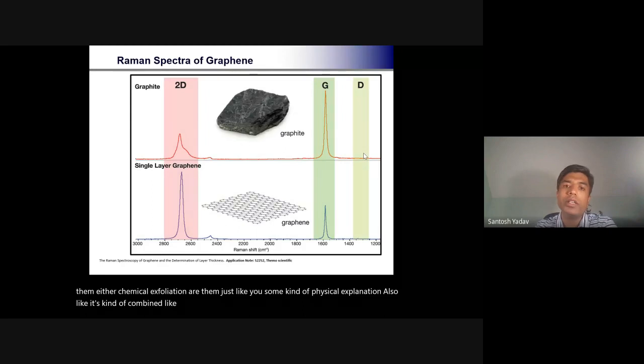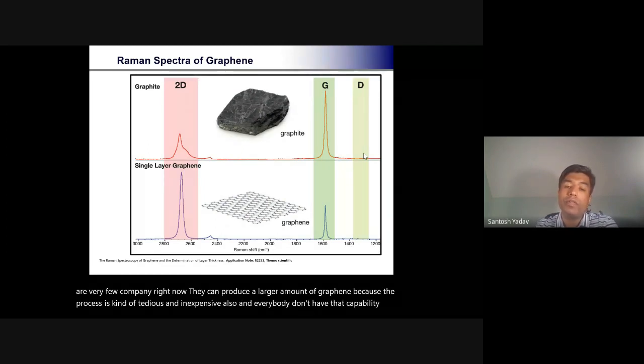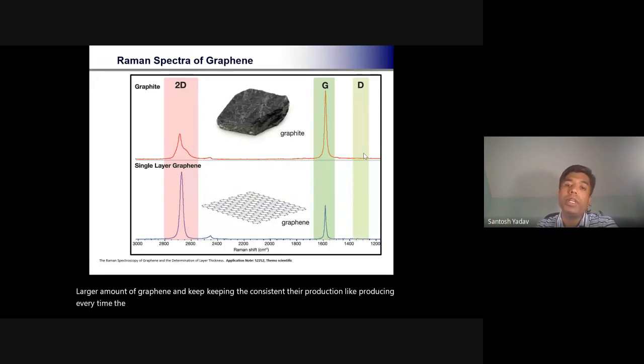There are different methods, but there are very few companies right now that can produce a larger amount of graphene, because the process is tedious and expensive, and not everybody has the capability to produce a larger amount while keeping production consistent, with the same purity and same particle size distribution in their product.